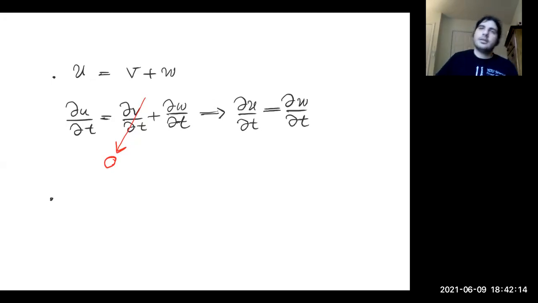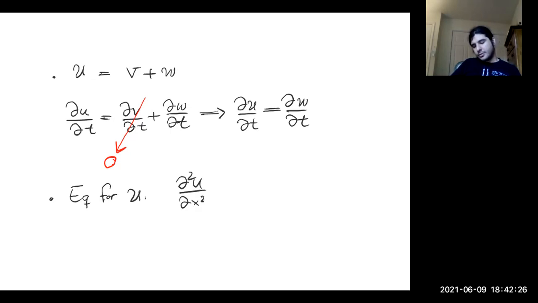Well, you might think that's not a good thing, right? Because the equation for u was this: the second derivative of u with respect to x is equal to 1 over k times the derivative of u with respect to t. Now what is the equation for this other function w?